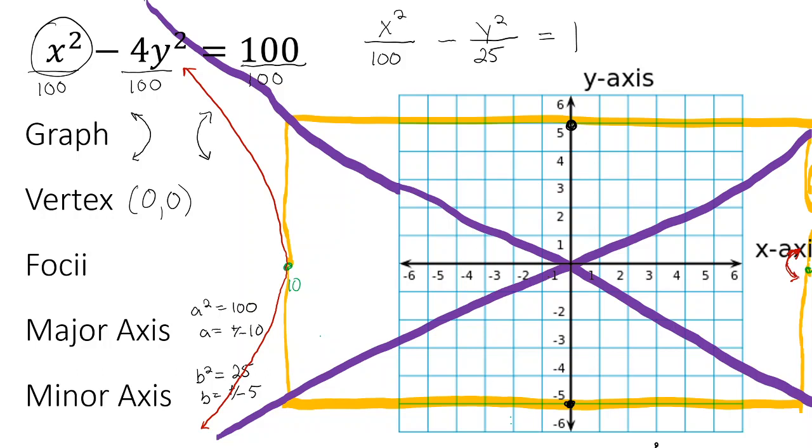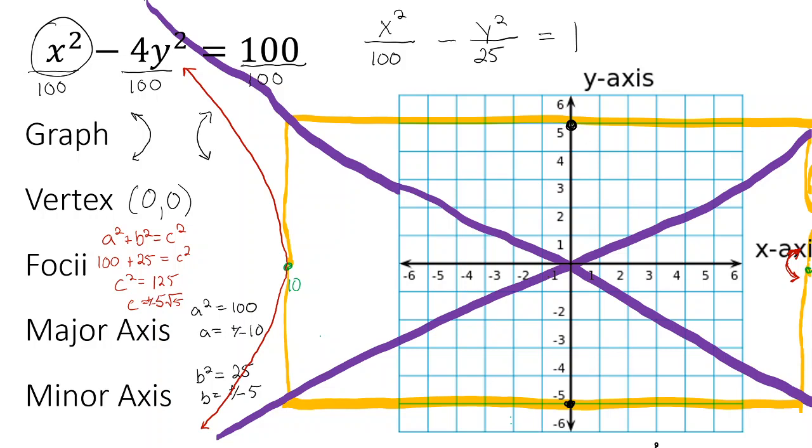Okay? So, foci found by a squared plus b squared equals c squared. A squared is 100, b squared is 25, so c squared equals 125. So c equals 5 square roots of 5, plus or minus.